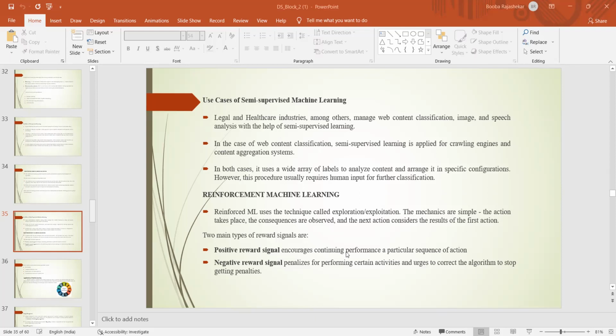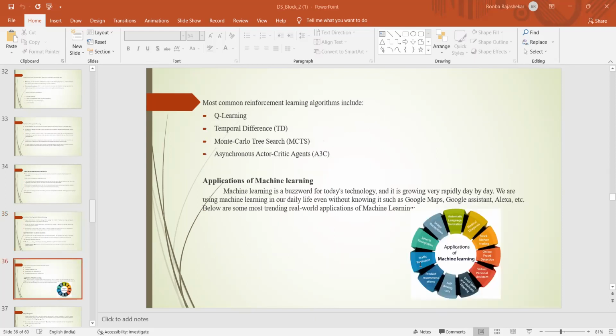Two main types of reward signals are available: the positive reward signal and the negative reward signal. A positive reward signal encourages continued performance of a particular sequence of actions, and a negative reward signal penalizes performing certain activities and urges the algorithm to correct itself to stop getting penalties.